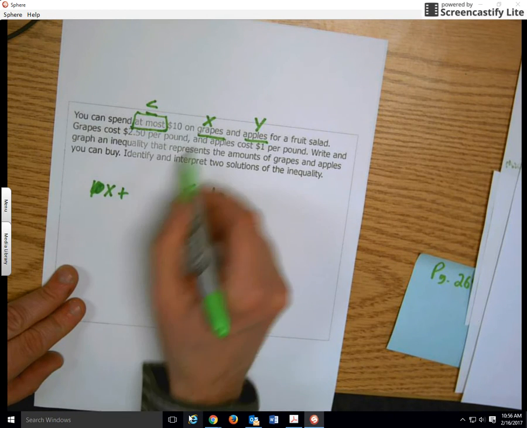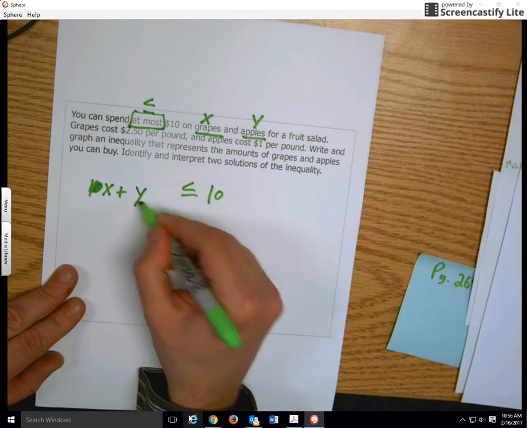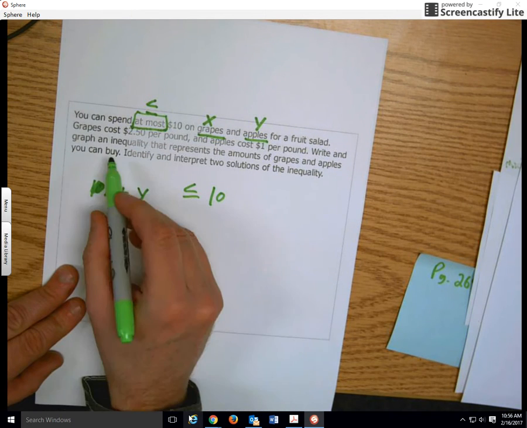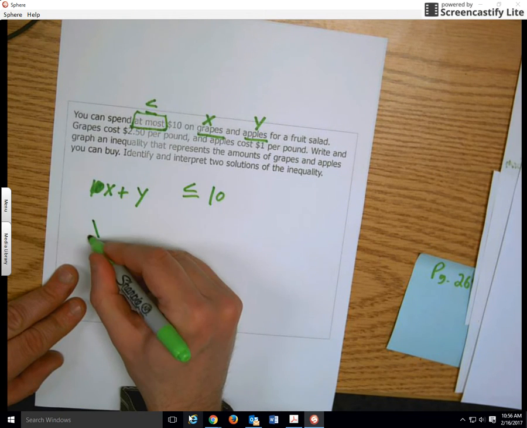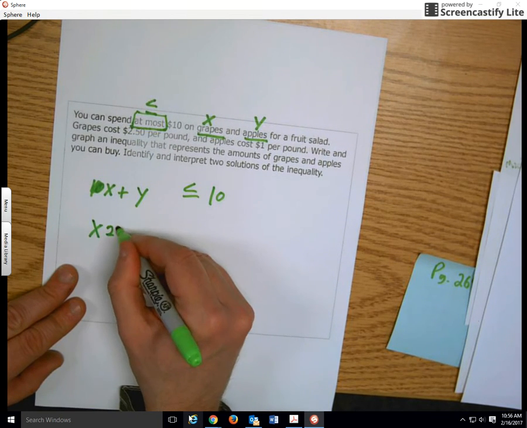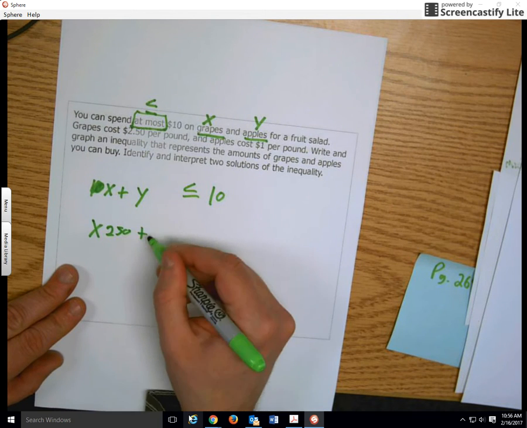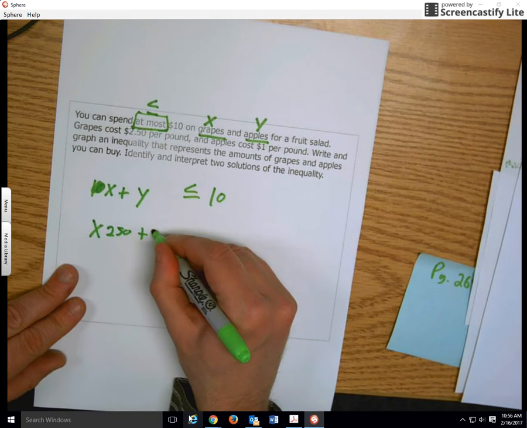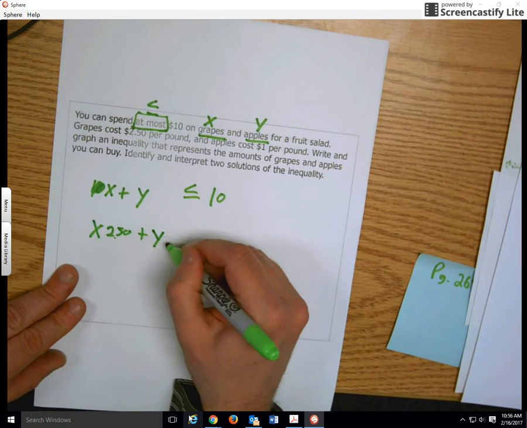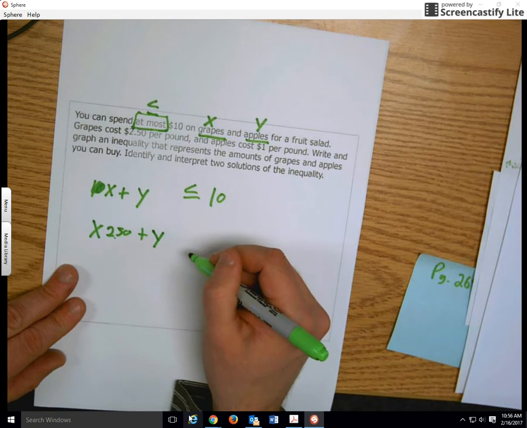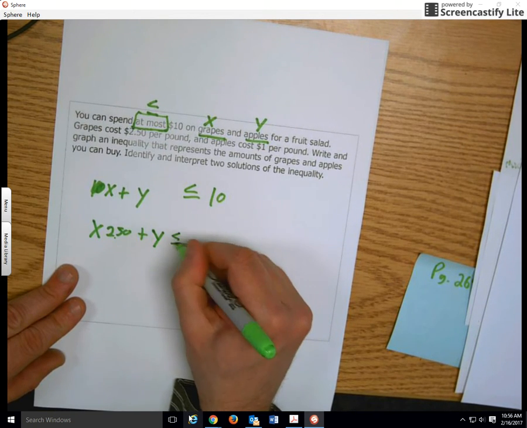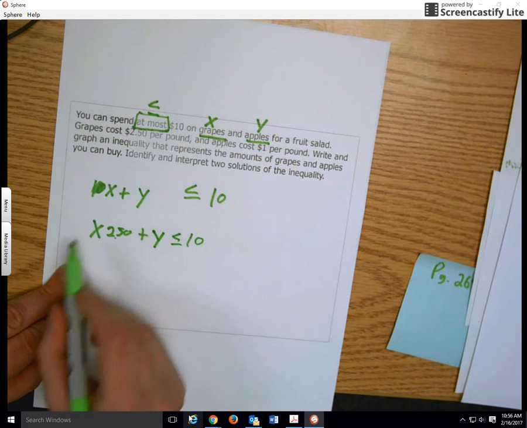But you have grapes and you have apples for your fruit salad. The grapes cost $2.50 a pound. So the grapes are 2.50x. And the apples cost $1 a pound. Now, if I were to multiply a 1 times y, it would just be y. And it's going to be less than or equal to 10.